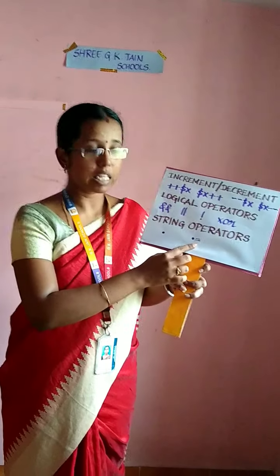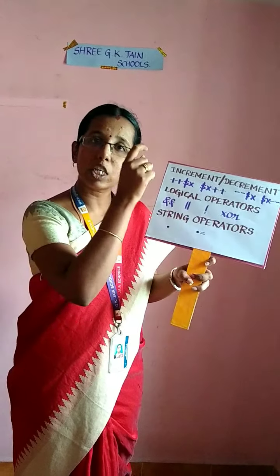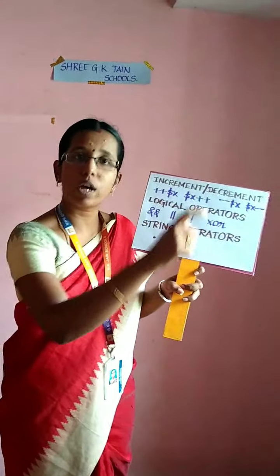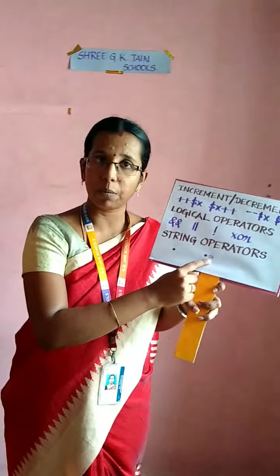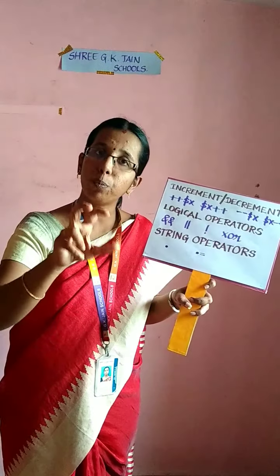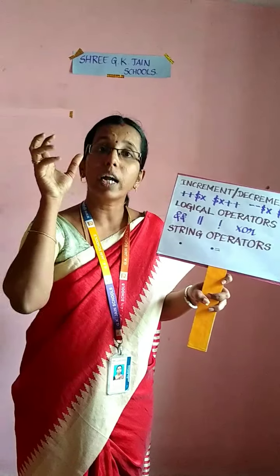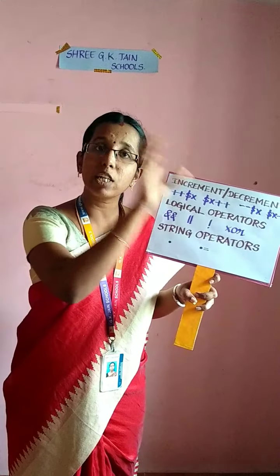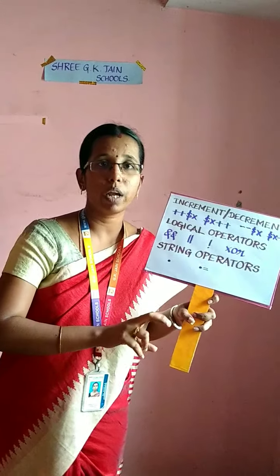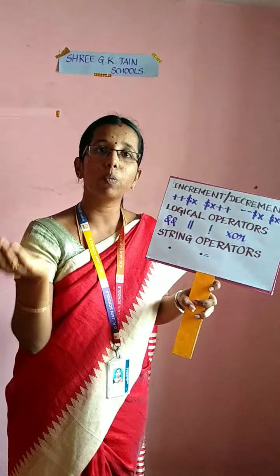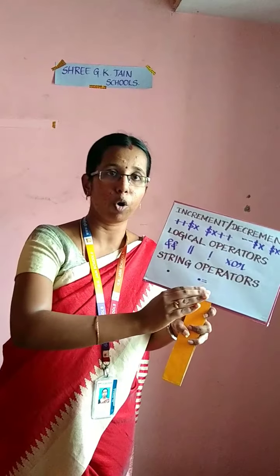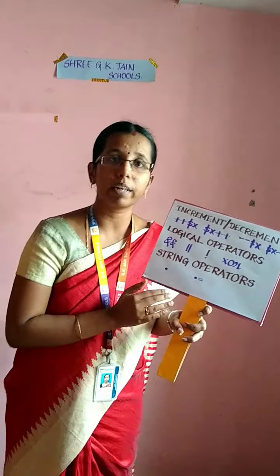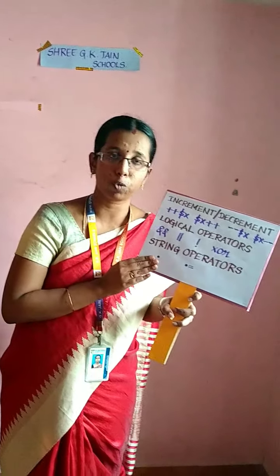For example, same way, I am giving text 1 as welcome and text 2 as all. I am using here the assignment. Then the output will be welcome all, and that welcome all will be assigned to the text 1 variable. So text 1 variable will get changed to welcome all. So these are the operators that we are using in our PHP.